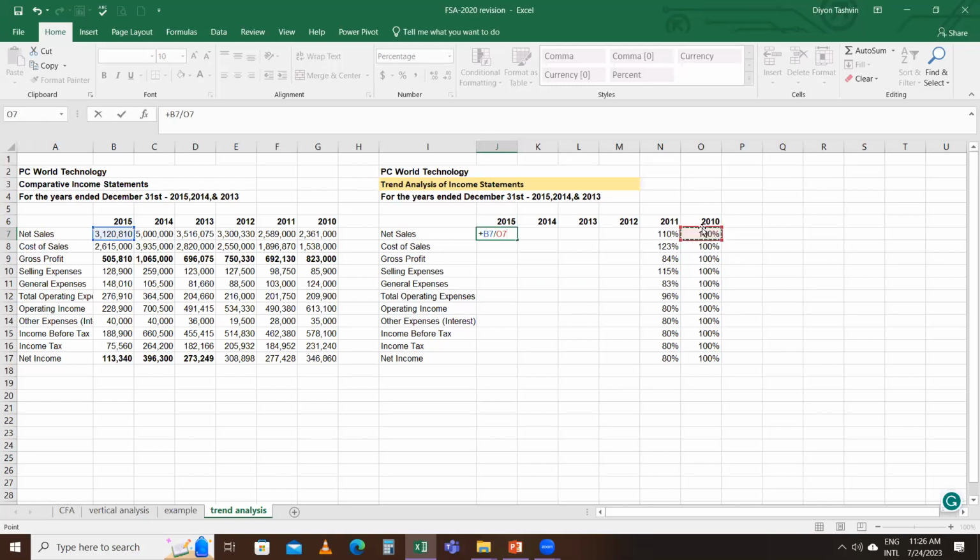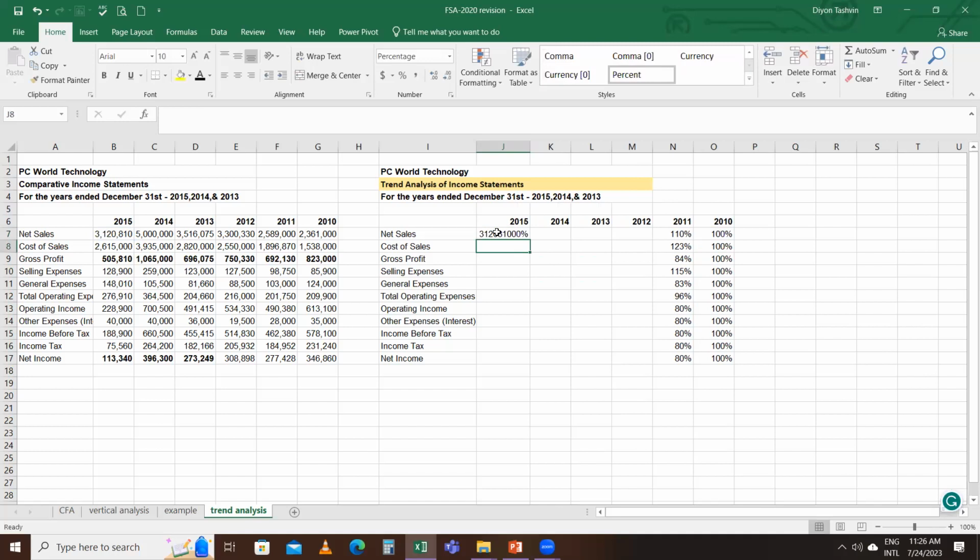Since this column is fixed, I am only going to fix this particular column value. Then I'm going to drag it up to 2012.